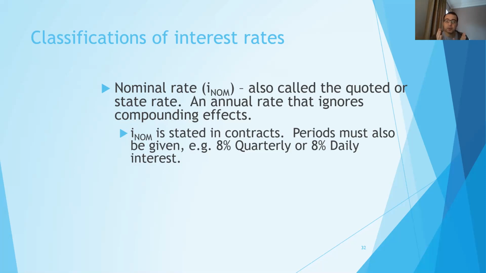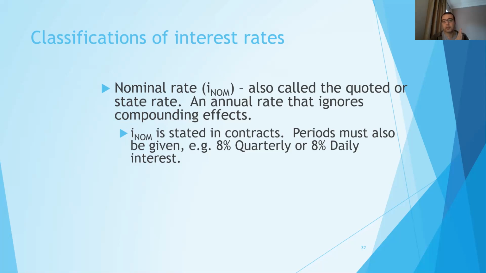But this 8% is the annual interest rate. 8% daily interest rate doesn't mean that it gives you 8% every day. 8% is the annual, then you need to divide 8% by 365, then find the per period daily interest rate. So be careful about it.